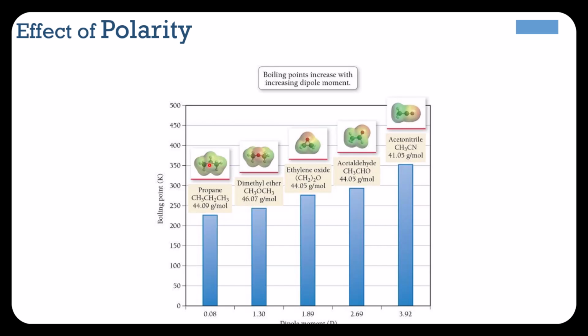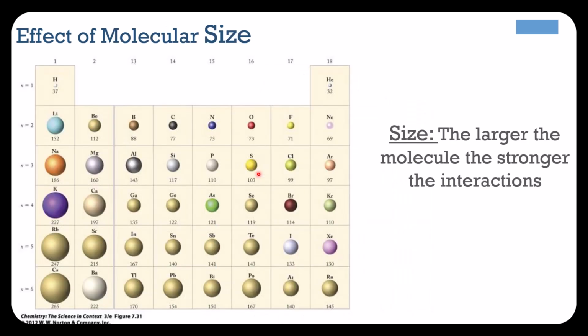So not only is the fact that polarity is present a factor, but the difference in the electronegativity could also be a factor, right? So if the difference is 1.5 versus 2.5, that can make a difference as well. So that's the effect on polarity.